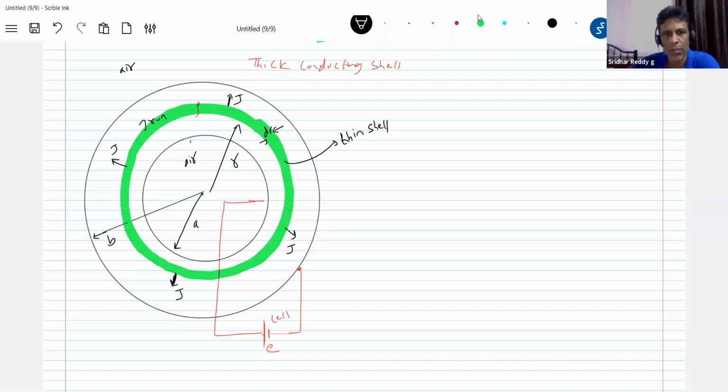Now first, the resistance of that thin shell, dR, should be equal to rho dr by area.